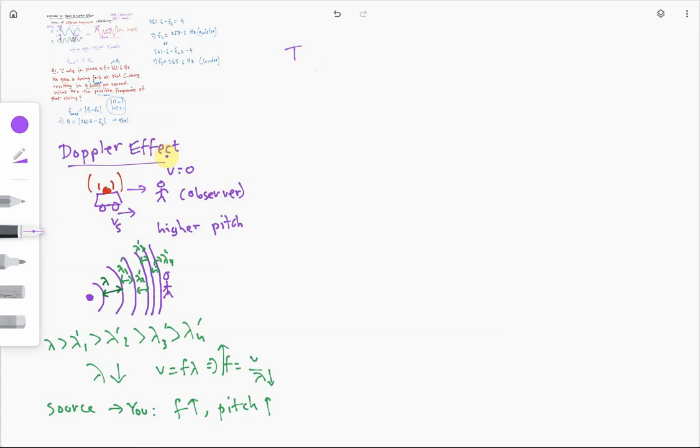Then in a time period t, the source takes the waves closer to you by a distance of its speed times the time period. The distance the source travels is equal to the speed of the source times the time period we're considering.